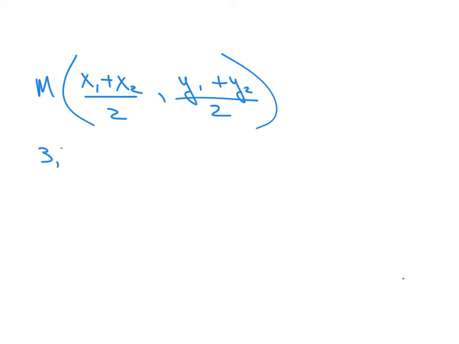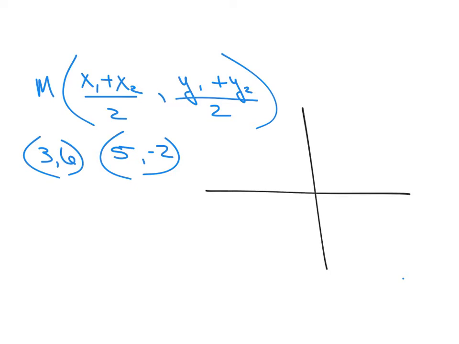So if we have 2 points, (3, 6) and (5, -2), and we have this graph here, and let's say that (3, 6) is here and (5, -2) is here, what I want to know is the coordinate of that point that's halfway between them. I just wanted to graphically show you what we're doing using the midpoint formula.